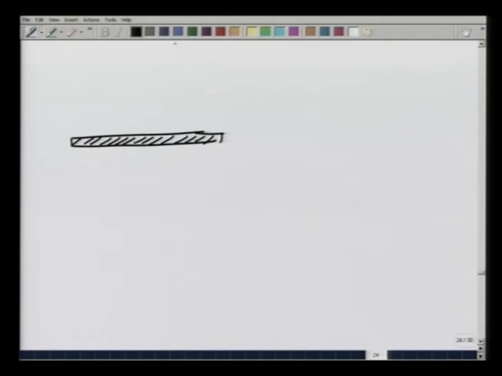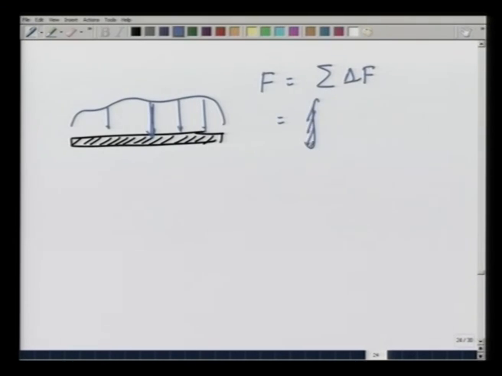So, if there is this distributed force f x acting on the beam, the net force F is going to be summation delta F, which is nothing but integration, or let me write it one more step with summation. Delta F is nothing but f x delta x, and this is nothing but integration f x dx, which is the area under this curve. That gives you the total force for a distributed force per unit length given.